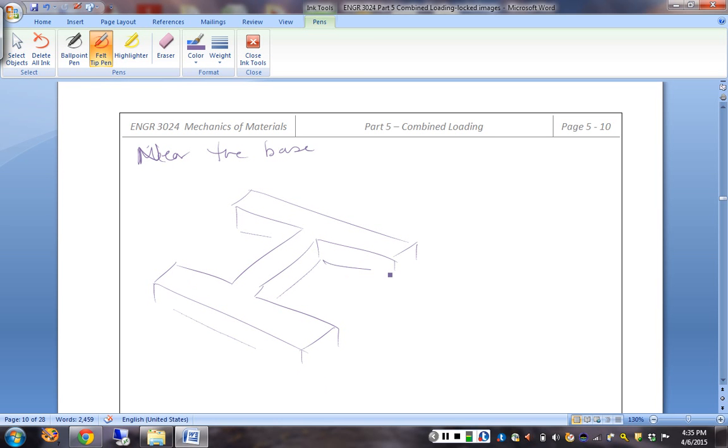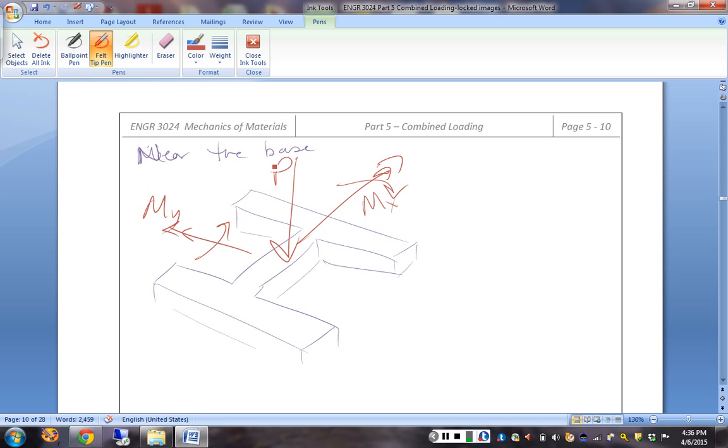So what do we got going on if we have this section cut? We have a moment about our x-axis. We have a moment about our y-axis. And we also have straight downward this axial load.